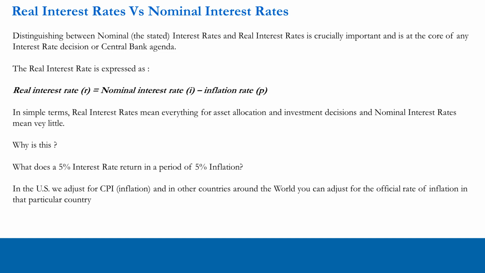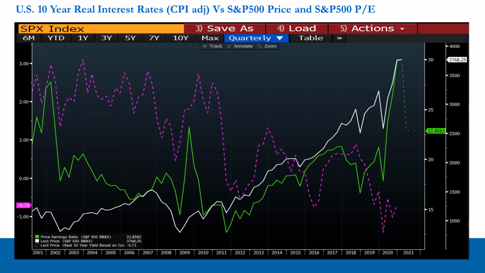Now, to get a sense of how important real interest rates actually are, let's have a look at this visually and have a look at real interest rates compared to the level of the stock market and stock market valuation.